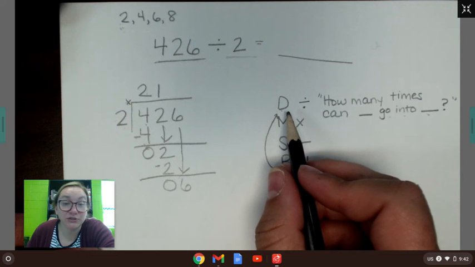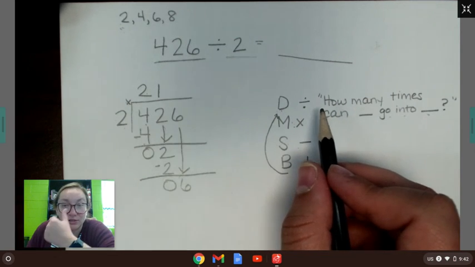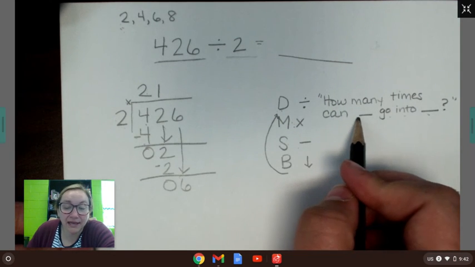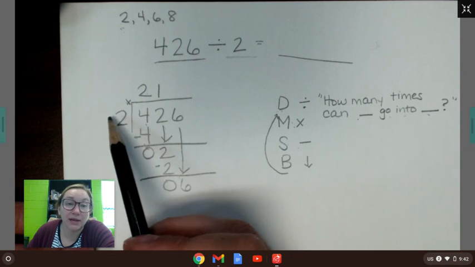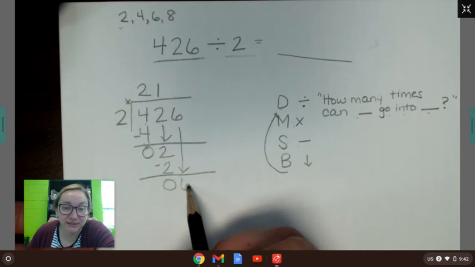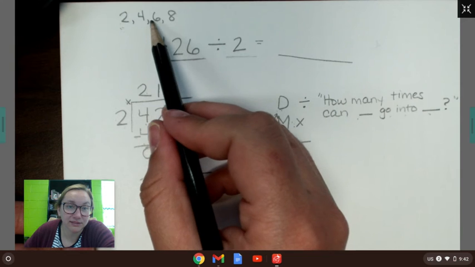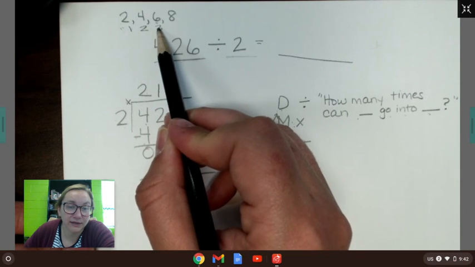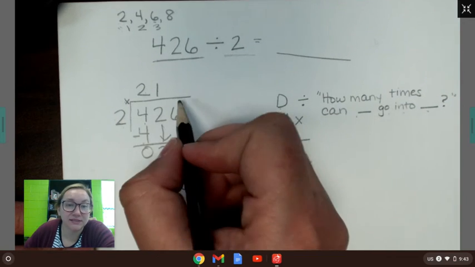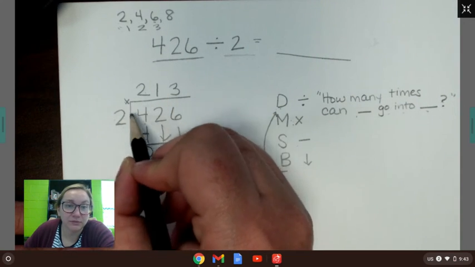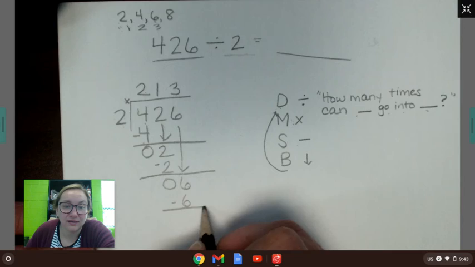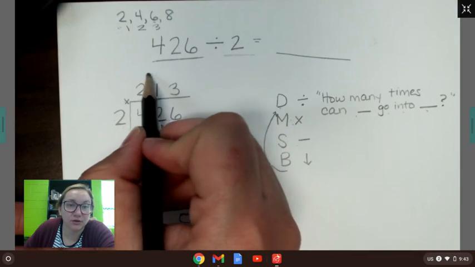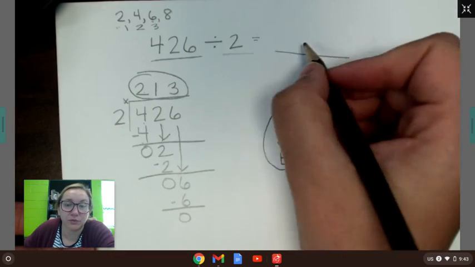We do the division and we ask ourselves the same question. How many times can blank go into blank? So how many times can 2 go into 6? Well, it's 3 times. 1, 2, 3. So 2 can go into 6 3 times. 3 times 2 is 6. And this is our quotient, 213.